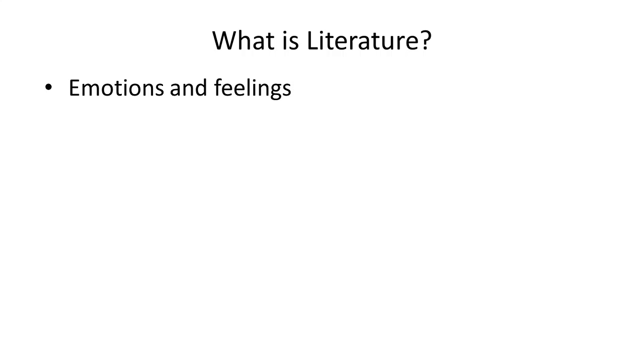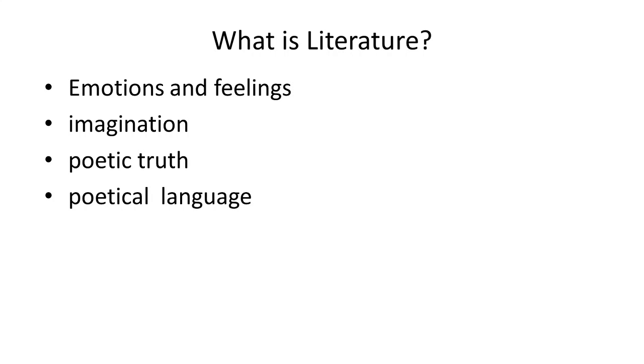Now, if you look at many other definitions also, we can see that there are some common features. They are emotions and feelings. So most of the literatures talk about emotions and feelings of the people. Then literatures talk about imagination. So most of the writings are imaginative. They talk about poetic truth, and this poetic truth need not be the reality, it is the truth that is perceived or seen by the author. And then the significant feature of a literature is the use of language.